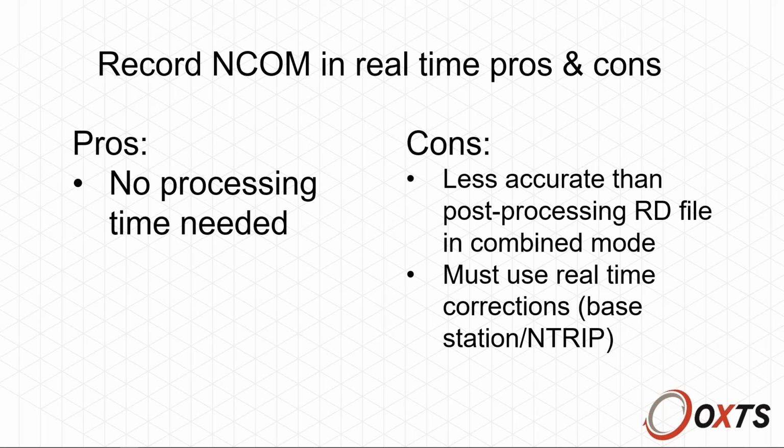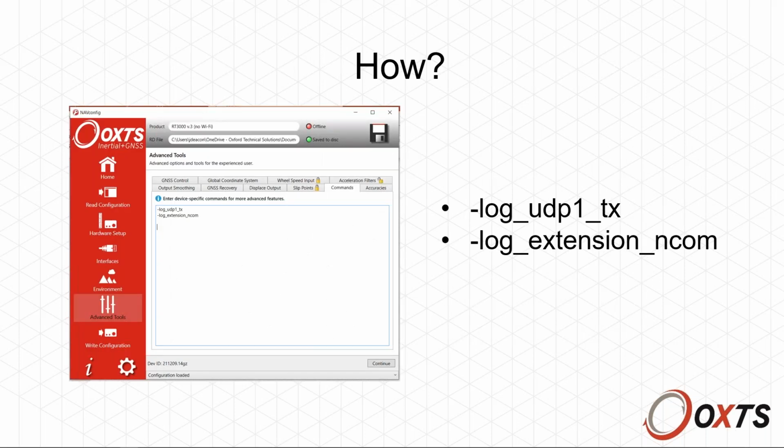So if you were to post-process an RD file in combined mode, which means you're going forwards and backwards over the data, you're going to get worse data if you're using real-time processing, because you're effectively only going forwards over the data. And you must also always be using corrections if you want centimeter level accuracy in real time.